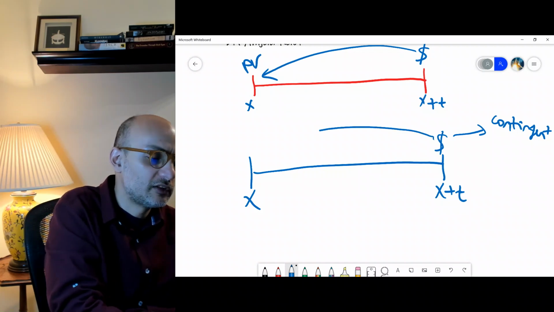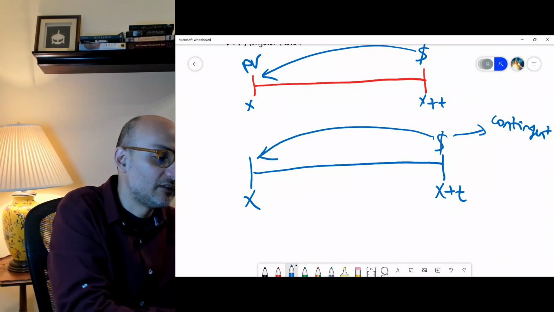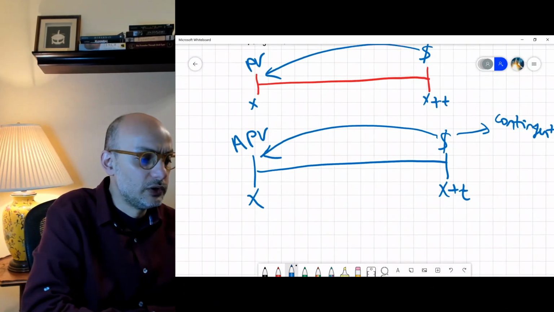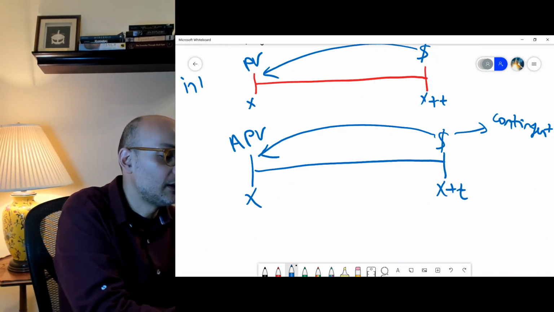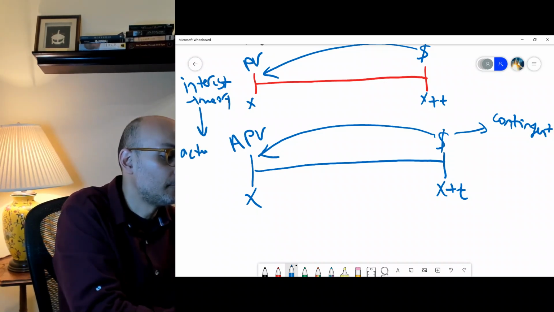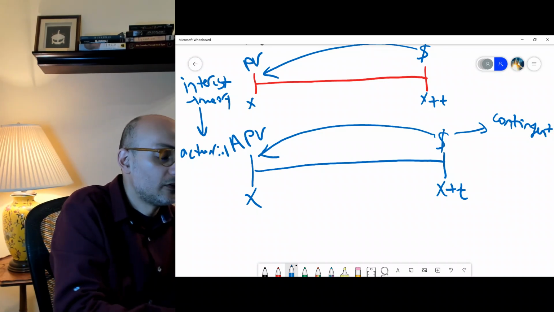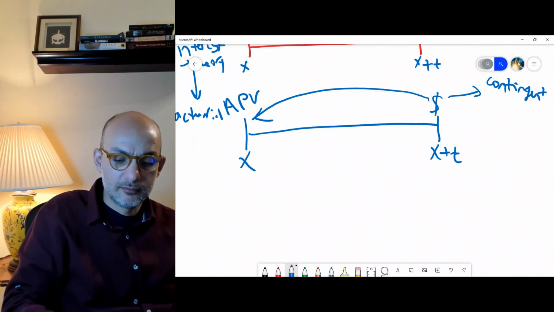So we need to discount it back here, and we use the actuarial present value. So we're moving from interest theory to actuarial. It's the very same logic, there is not much of a difference.